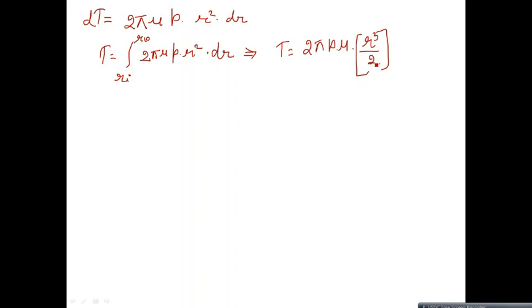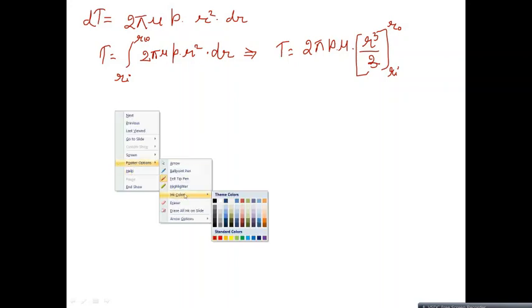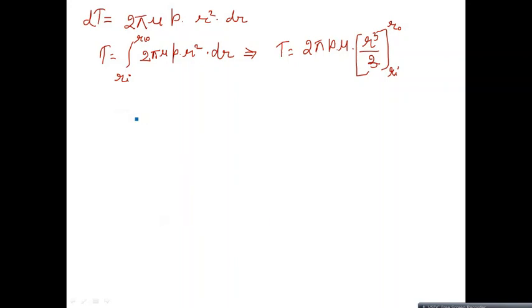This is integration Ri to R0, 2 pi mu p r square into dr. If we simplify this equation, the frictional torque T equal to 2 pi p into mu into r cube by 3 in the limits Ri to R0.